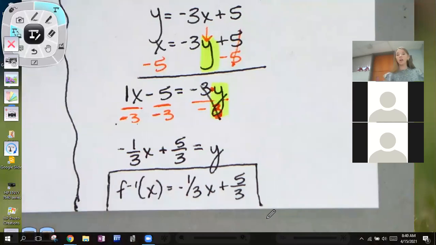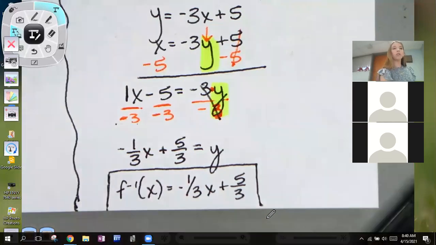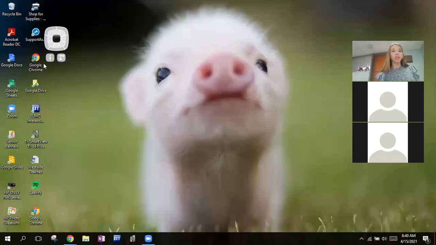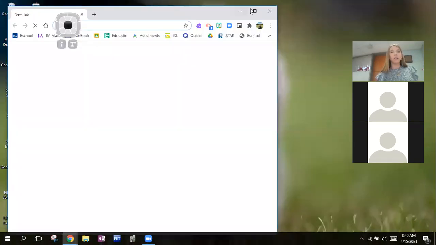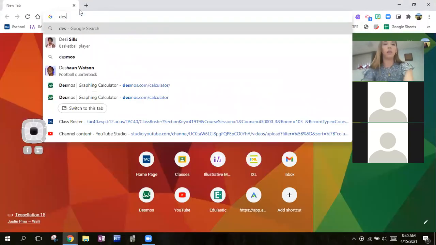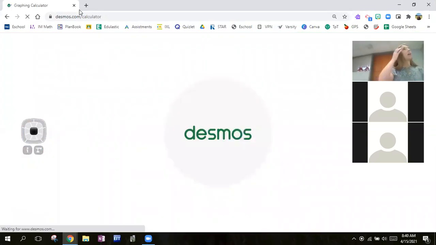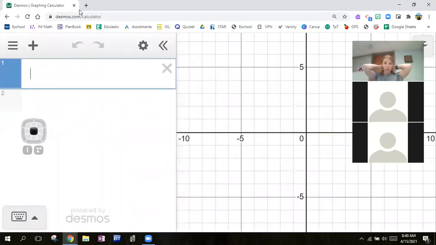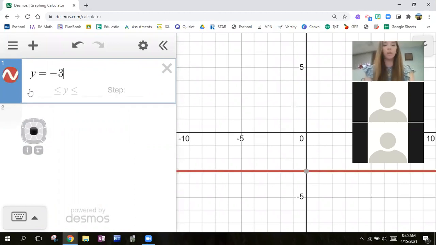Now, this isn't something it wanted us to do, but I just want you to see that once again, if I were to take this information and graph it, which you can also do in your calculator, which I'll show you how to do as well. Okay, so our original equation, the second one, y equals negative 3x plus 5.